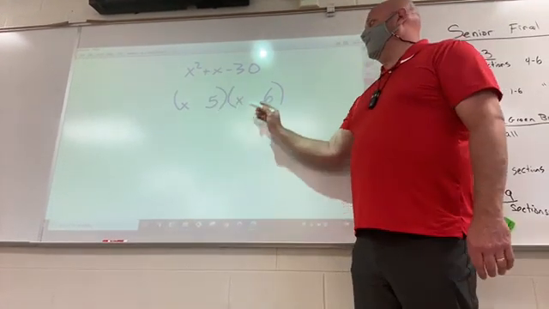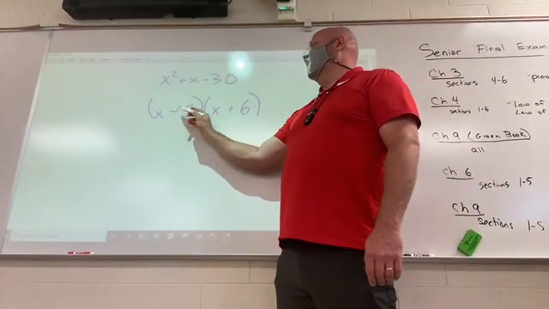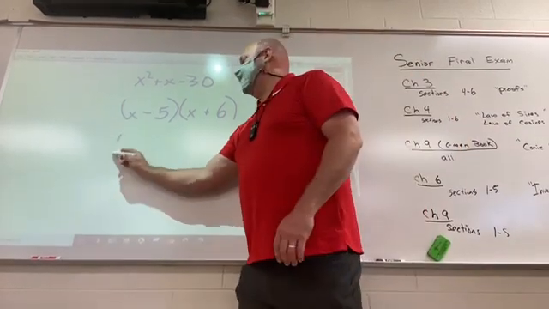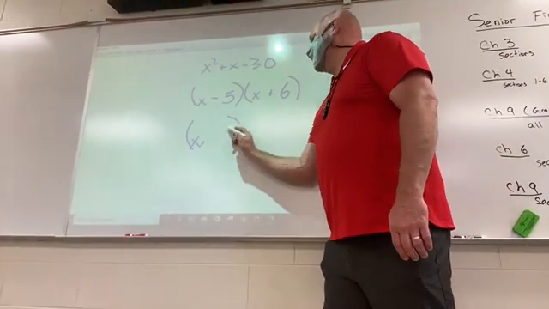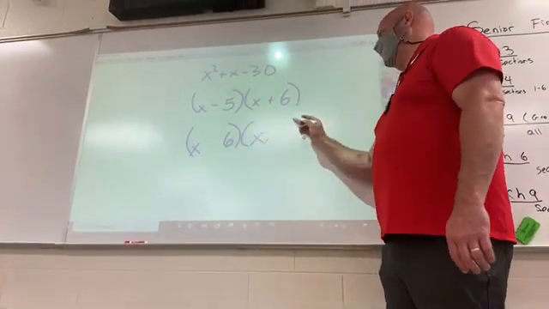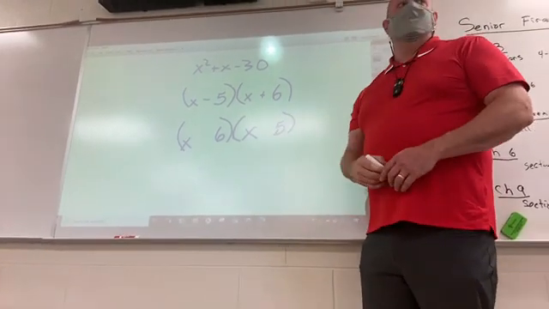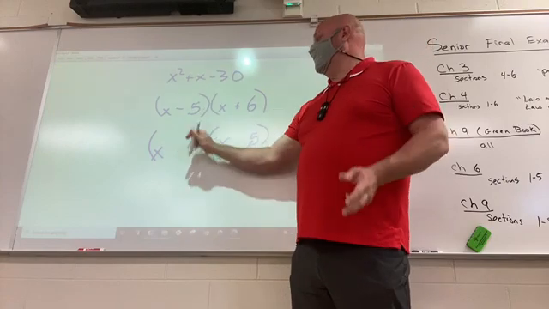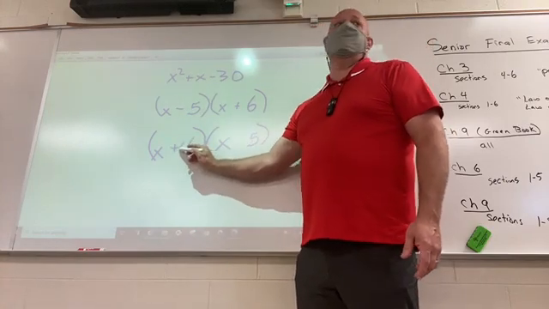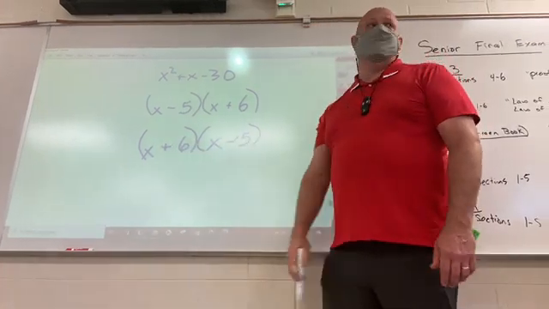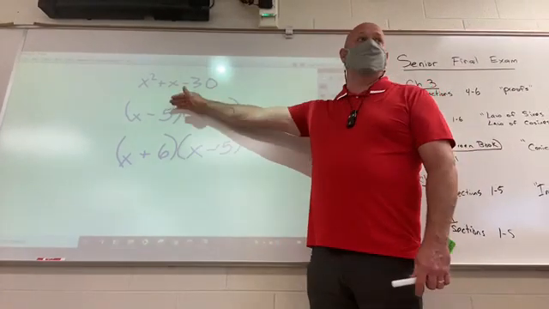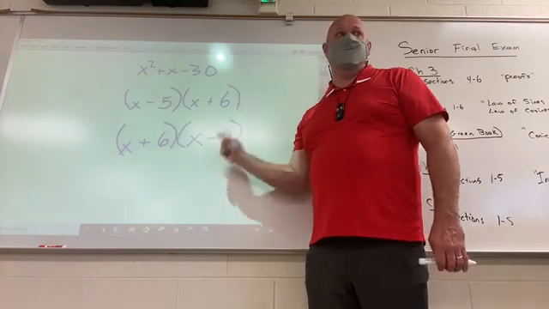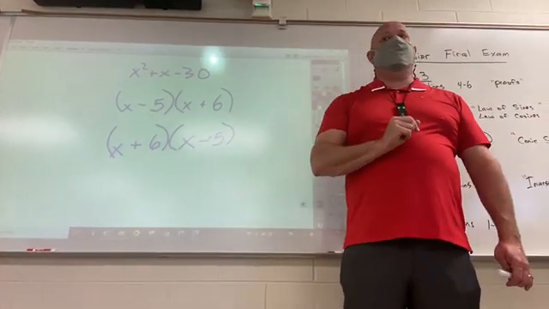Bigger one has to be positive, so the 6 is the positive, the 5 is the negative. If I would have put the 6 first and the 5 first, my signs still have to be different. My bigger number still has to be the positive, so the 6 has to be the positive one, and the 5 has to be the negative. Either one of these two answers is acceptable. But the 6 has to be the positive and the 5 has to be the negative. You can't flip-flop your signs.